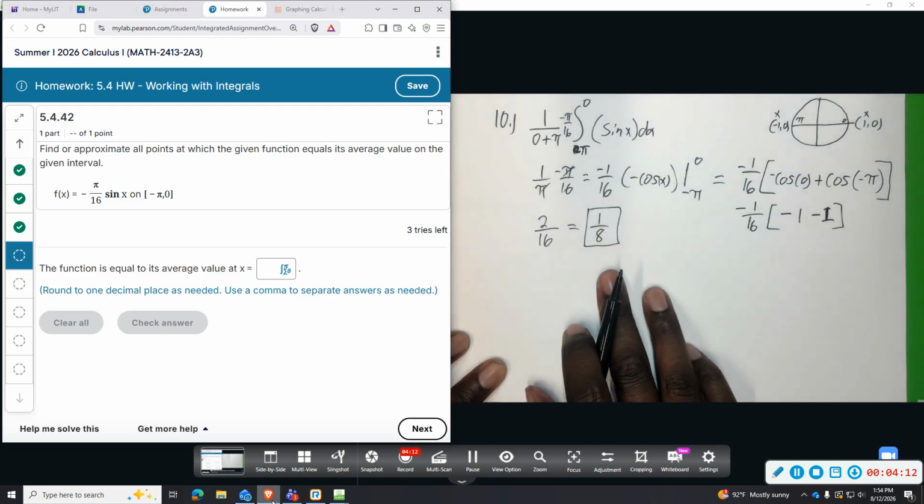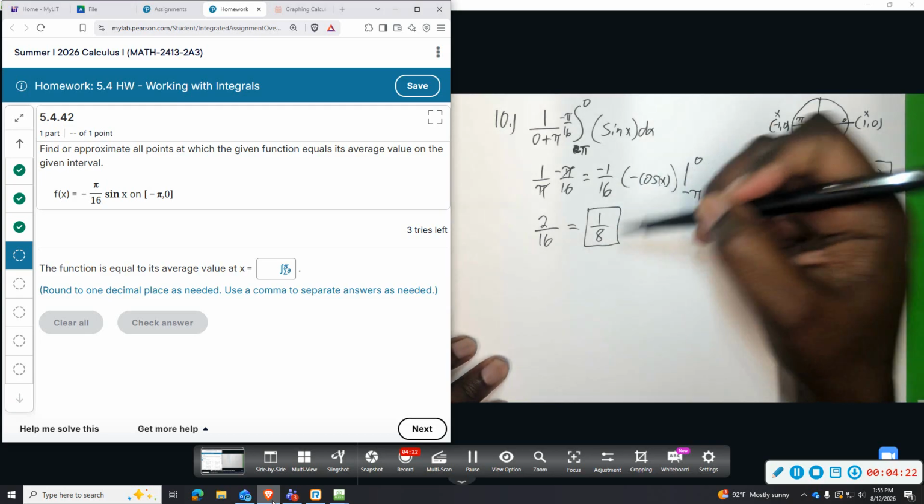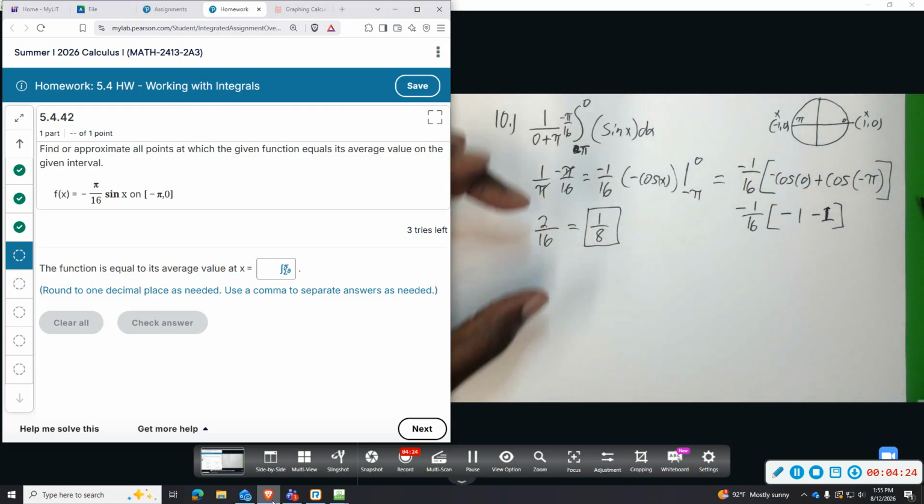We want to find where the average is equal to the function. So the function is equal to the average when x is equal to what? So we're going to graph this, and we're going to find the intersection to find out when they're equal.